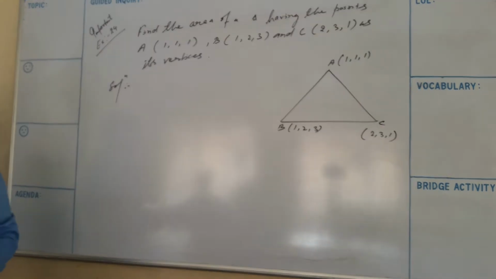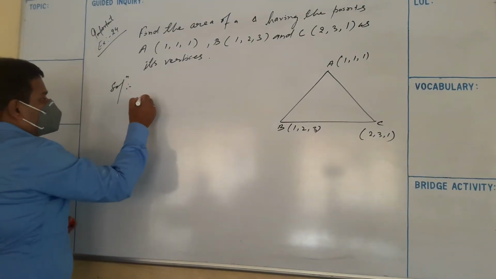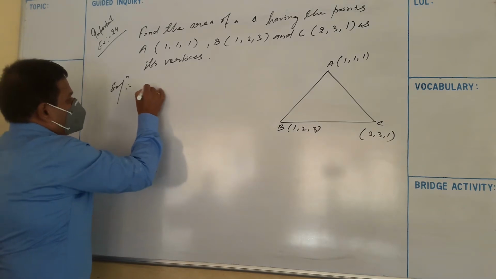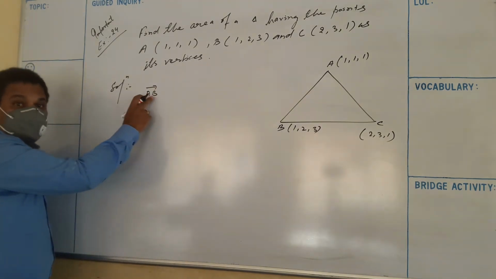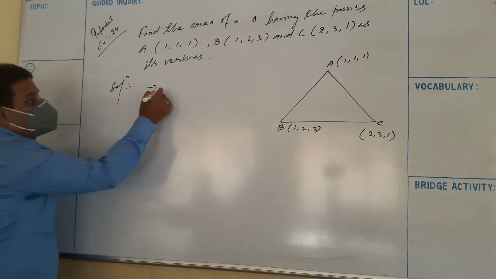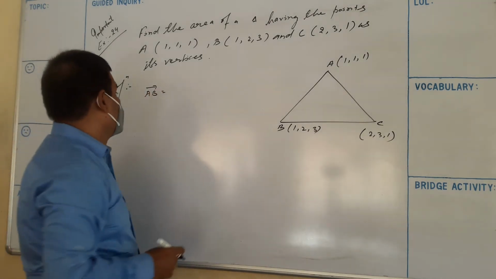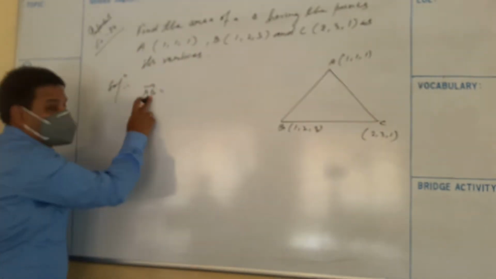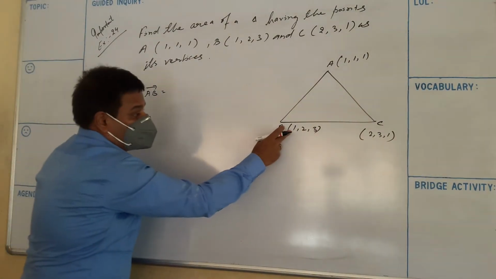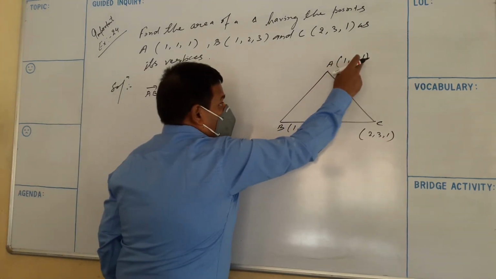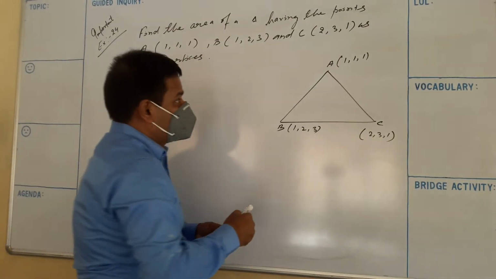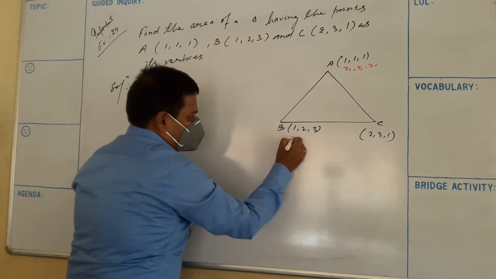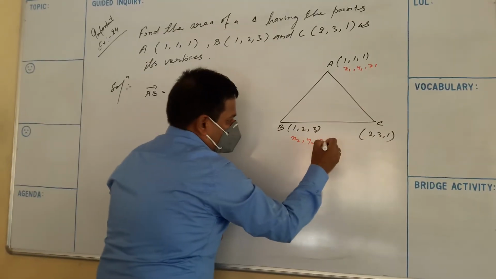Now you have to find vector AB. It means A is the initial point, B is the terminal point. So B minus A. This one is x1, y1, z1, and here x2, y2, z2.